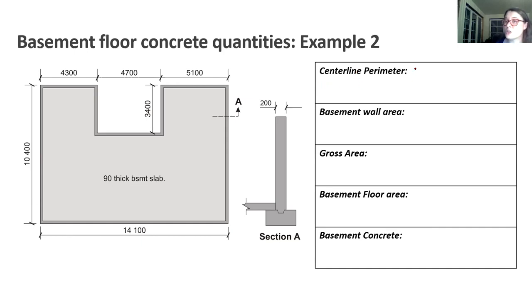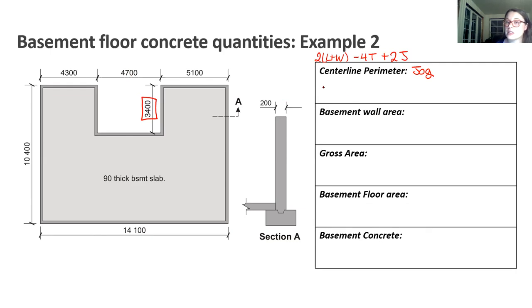In this question, we have a jog, so our formula is 2 times length plus width, minus 4 thicknesses, plus 2 times the length of the jog. Our jog length is the 3,400, not the 4,700. That's really important to note. We will need that 4,700 later, but not for calculating the center line perimeter.